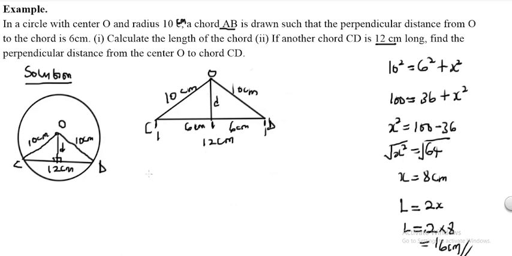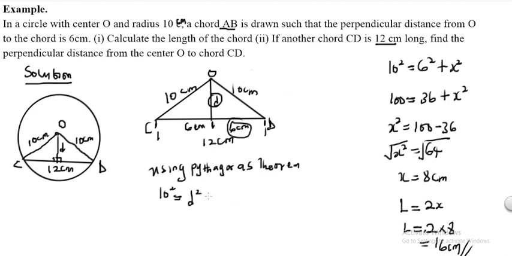So using Pythagoras theorem here, we see the hypotenuse squared, which is 10 squared, is equal to the sum of the other two sides squared. The two other sides are this side and this side. That means this will be D squared plus 6 squared. So if we make D squared the subject of the formula here, we have D squared is equal to 10 squared here.